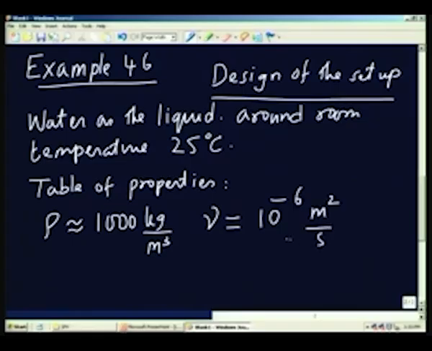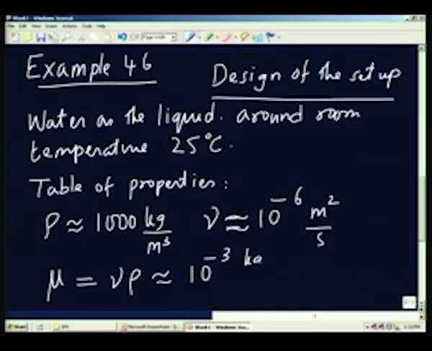I am not taking a very accurate value, it is not multiplied by something close to 1, I am just taking roughly 10 to the power of minus 6 meter square per second. And if you calculate the viscosity, mu is nothing but nu times rho, which will be approximately, I will use a symbol like this because it is just the approximate value, 10 to the power of minus 3 kg per meter second, that is the unit of viscosity.